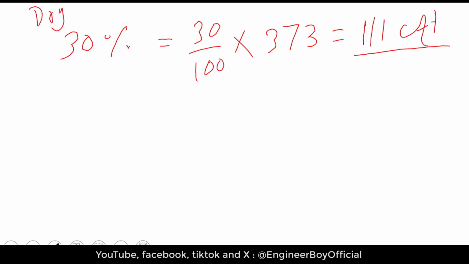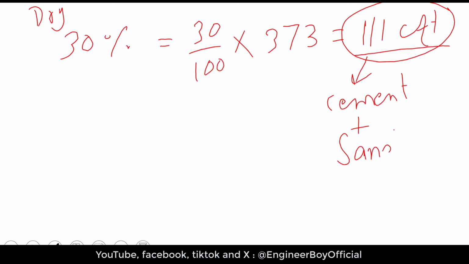Now, this mortar contains two things: one is cement and the other is sand. We have to determine these two, and they can be determined from the ratio. We have 1:3.